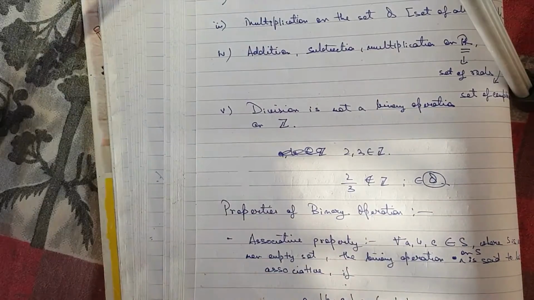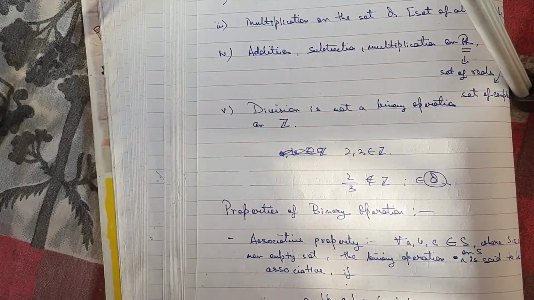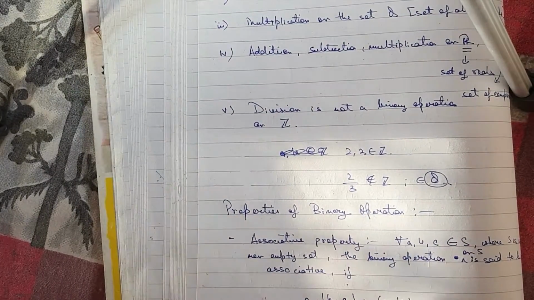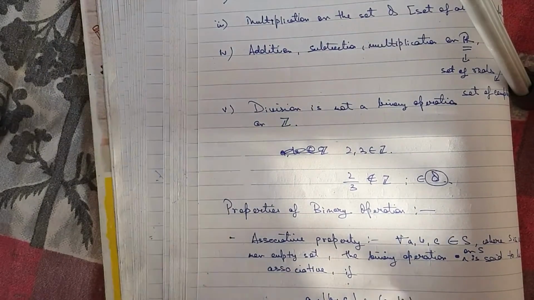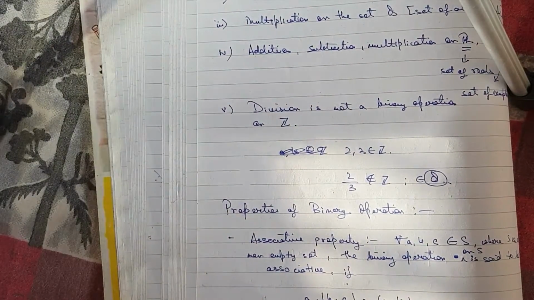Now addition is associative. Addition is an associative binary operation on the set of integers.